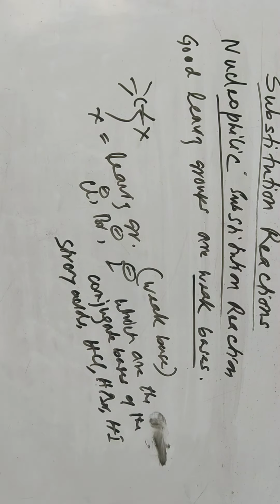So they are weak bases, so they are good leaving groups. One of the criteria for a nucleophilic substitution reaction is that the leaving group should be a very weak base.